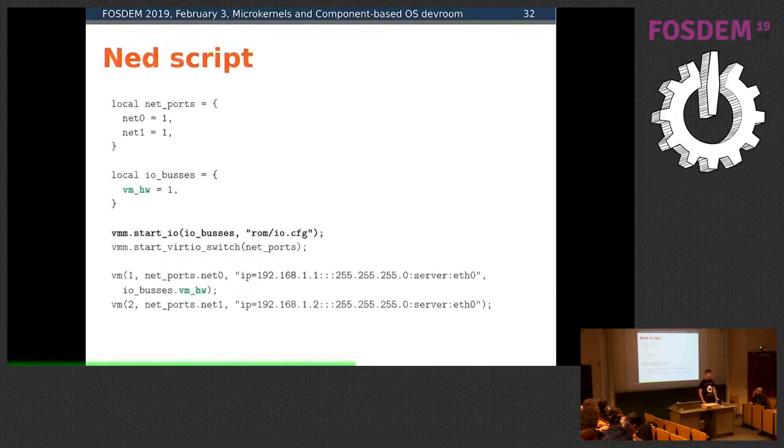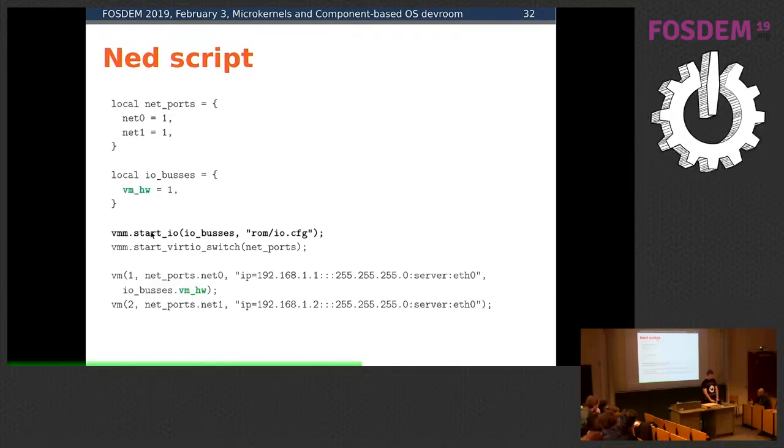So in our net script, if we keep all the net configuration in, we just need to add another Lua table, this time called I/O buses, in which we specify keys that will later function as capability names that are passed to the VM guest.